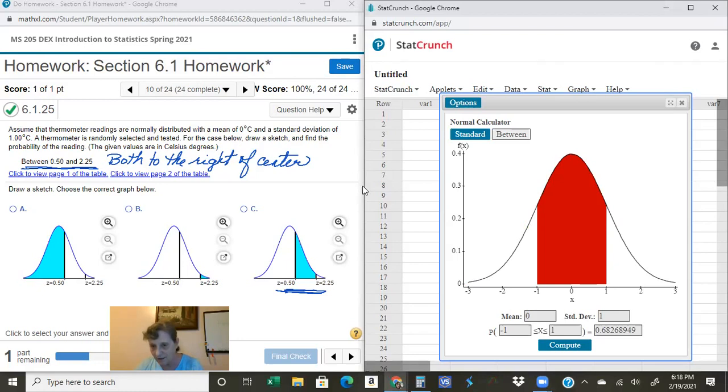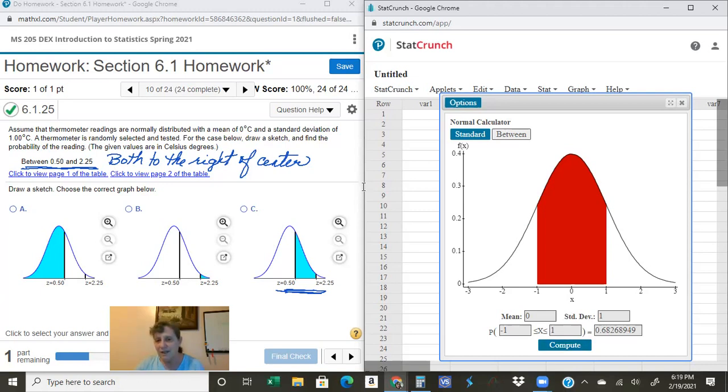Now this is the area from a -1 to a +1. Recall that we used the estimate for the area between one standard deviation above and below the center was 68%. This is actually giving us 68.26 blah, blah, blah %.